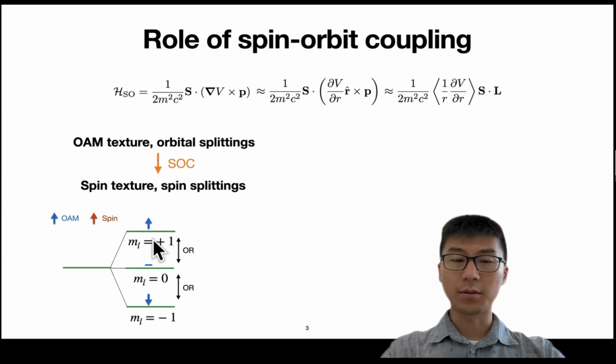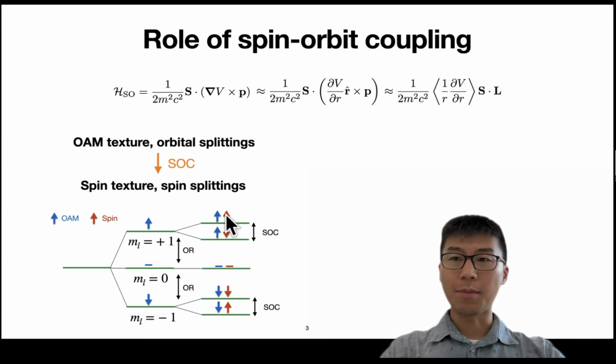And then the role of spin-orbit coupling is that, depending on the relative orientation of the spin and the orbital angular momentum, you have additional spin splittings within the orbital splittings, as shown here. So this clearly demonstrates that spin splittings are derived from the orbital splitting together with the spin-orbit coupling. Therefore, spin splittings of different kinds, in fact, are not independent from atomic spin-orbit coupling.